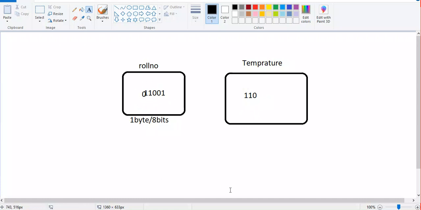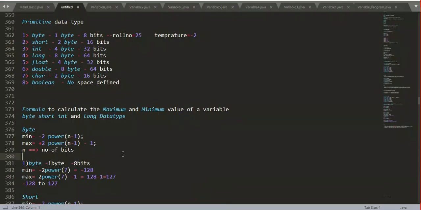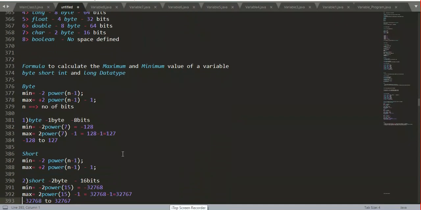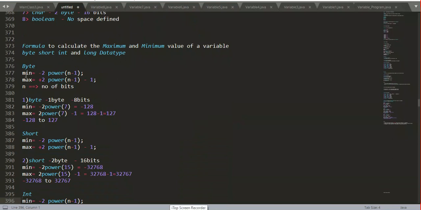Whenever I use the formula, I look at the minimum value, -2 power n minus 1. What is n here? The number of bits. The number of bits for a byte is 8, but how many bits can I use? 7 bits only, because 1 bit is reserved for negative or positive, for minus or plus.